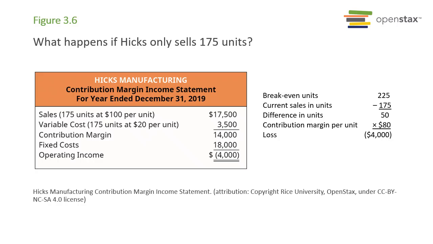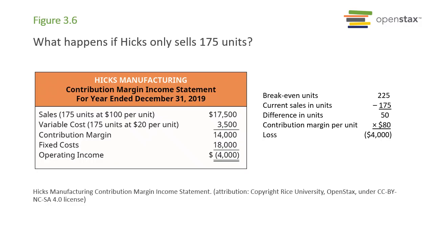Their variable cost is lower because variable cost changes with the number of units, but their contribution margin is $14,000. They still have that $18,000 in fixed costs to cover because fixed costs are fixed and don't change with the amount of product we sell. So they would be short, they'd be losing $4,000.